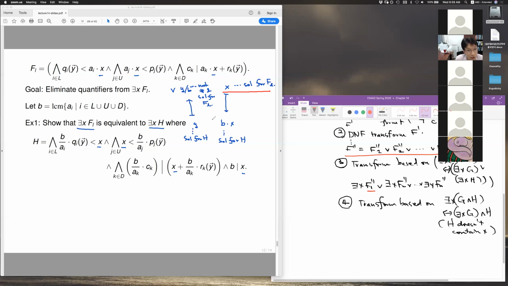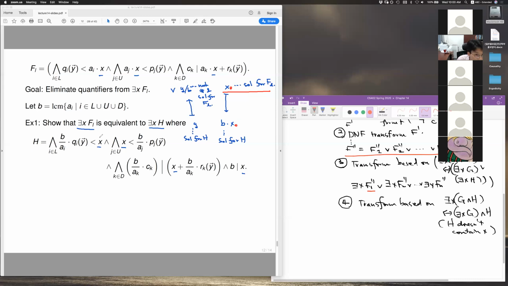Then we multiply X by B. We want to claim that B of X is a solution for H here. Although we wrote X at the bottom, let's call it X0, which is B of X0.